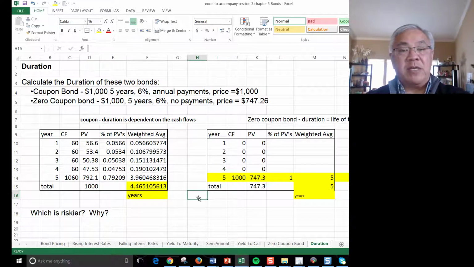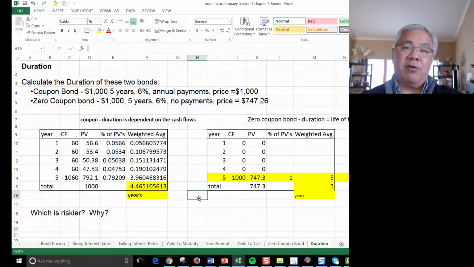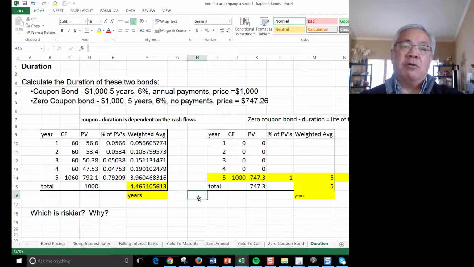So which one is riskier? If you think about it, we normally think of risk as anything that reduces the chance of us getting our money. In the case of a coupon bond, there are no guarantees for anything, but every year you get some money. And although you still have to wait till year 5 to get 1,060, along the way at least you're getting $60 a year.